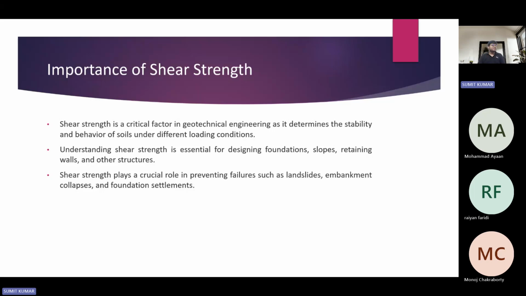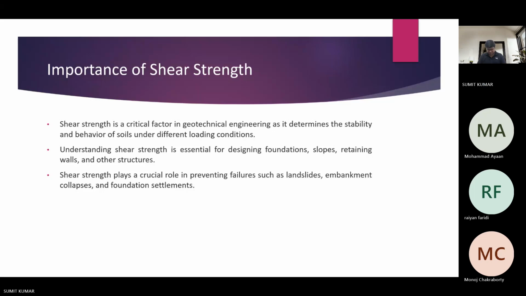Because if these characteristics are known for the specific site, then in the present time, as technology progresses, we are able to make a numerical model and do finite element investigation in order to evaluate the chances of danger.